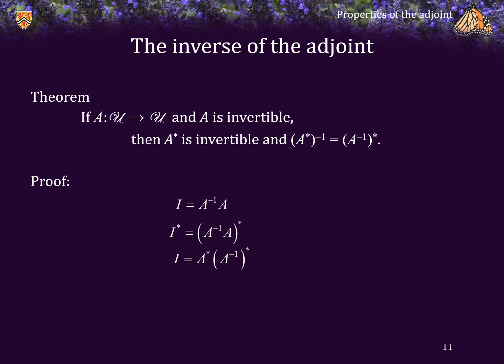Thus, we have found that if we multiply the adjoint of A by the adjoint of A inverse, that equals the identity map. Consequently, that means that the inverse of A adjoint must be the adjoint of A inverse.